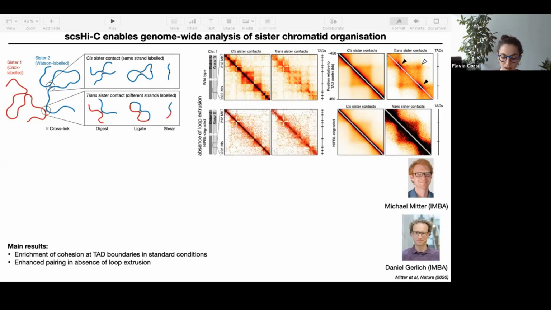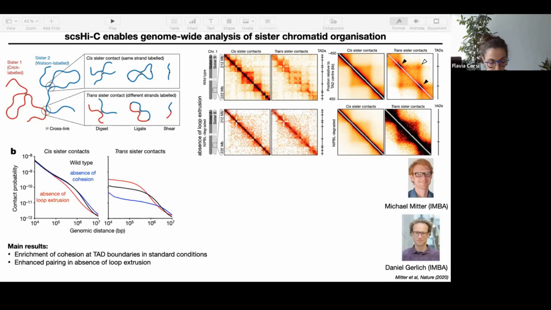However, when they depleted loop extrusion mechanisms in cells, they saw decreasing looping activity, so decreasing peaks and squares deriving from loops and TADs, and surprisingly, sister chromatids became more paired. You can see that with the enrichment of contacts along the diagonal of the Hi-C map. This is also obvious when we plot the contact probability versus the genomic distance.